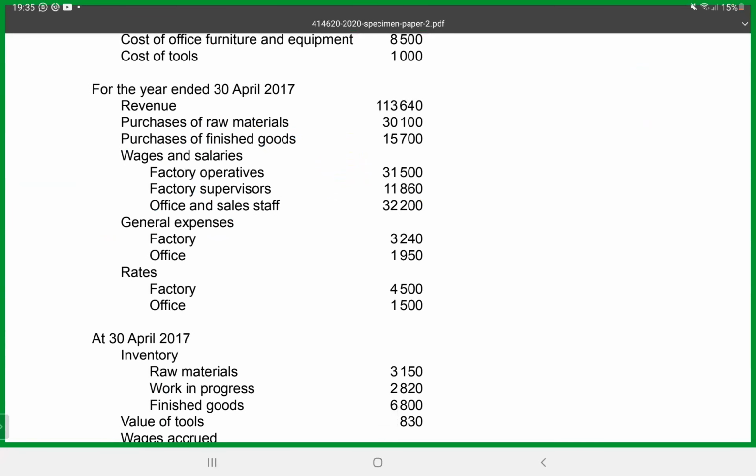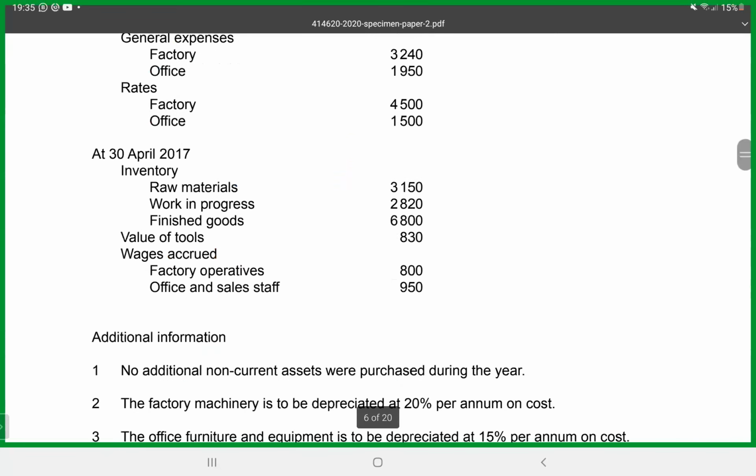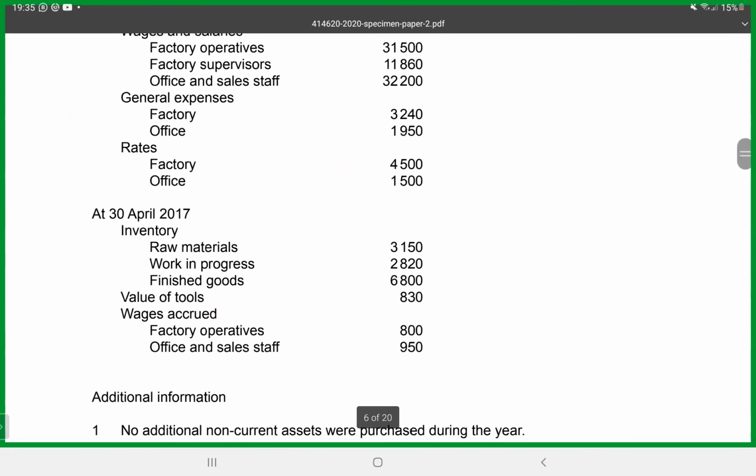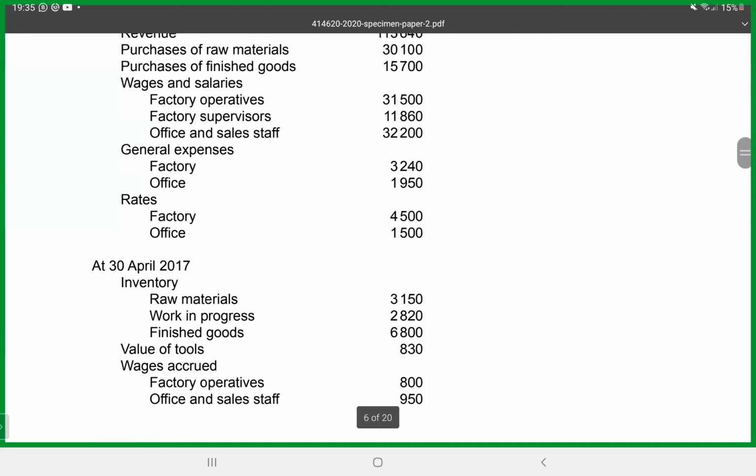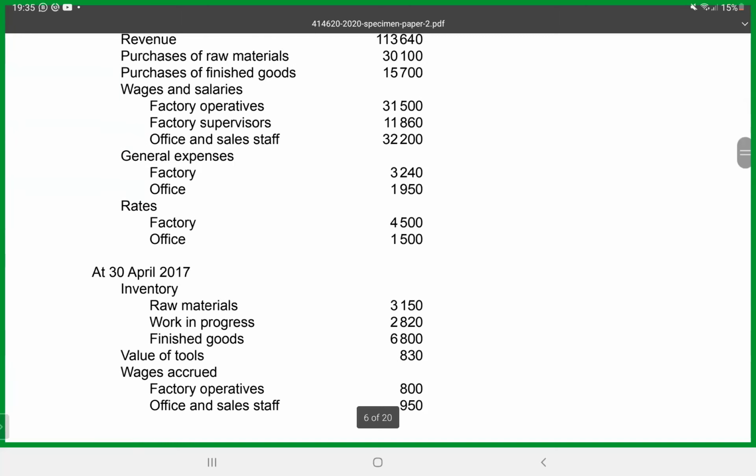What else do we add? The rates. You've seen the rates, right? Even the rates are broken down. There are those that occur in the factory and those in the office.